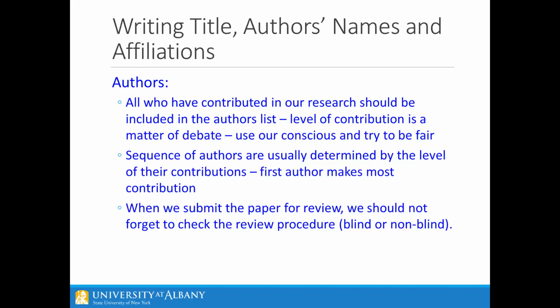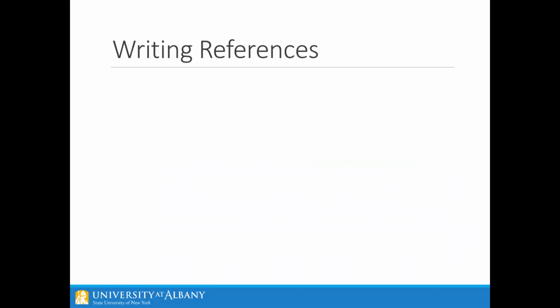So if you're talking about double blind, it means authors' names are also not listed, and authors will also not know who reviewed our work. That is double blind. If it is single blind, that means authors will list their name, so reviewers will know whose work this is. However, authors will not know who the reviewers are. So reviewers know who the authors are, but authors don't know who the reviewers are. That is also generally done in practice in many of the journal articles.